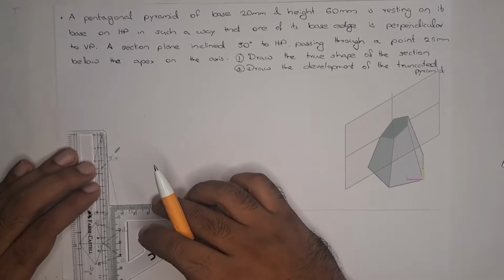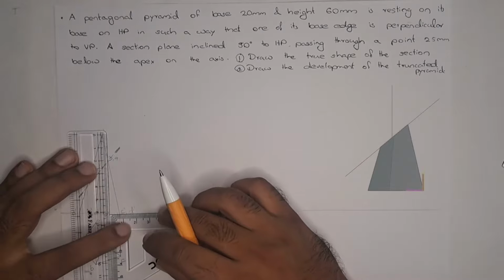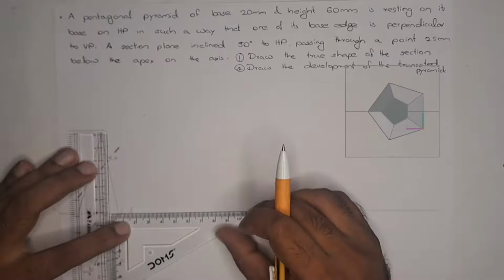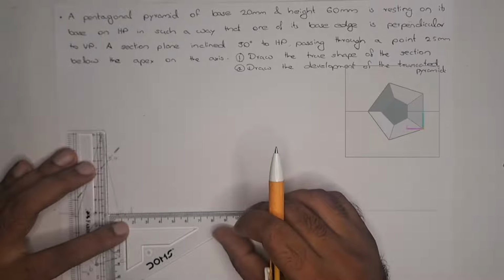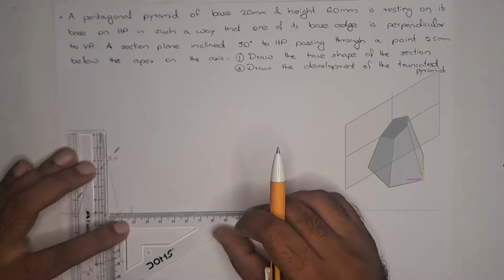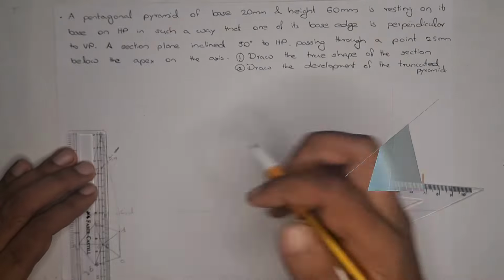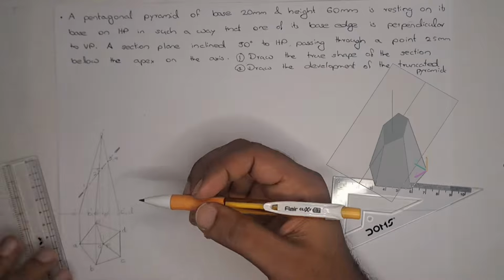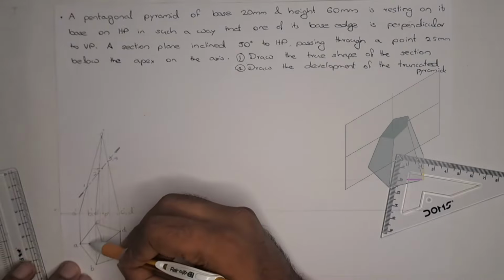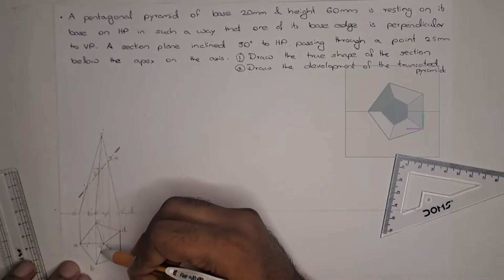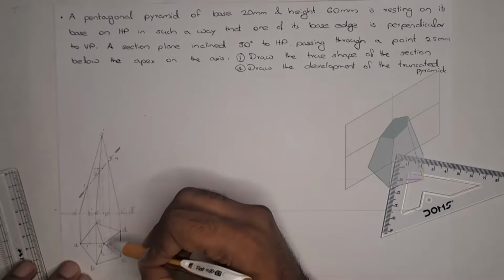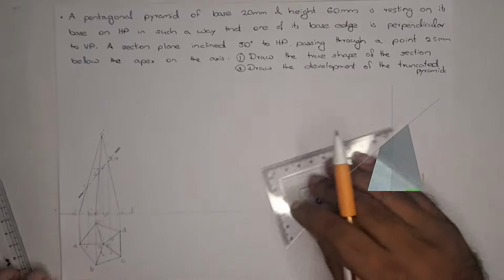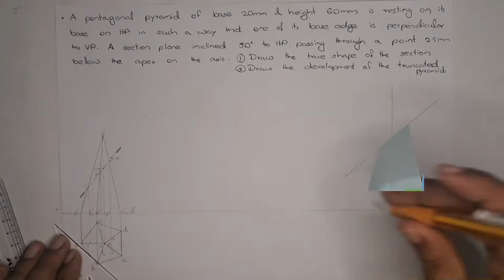Last 3 and 4. So we can get the points here: 1, 2, 3, 4, 5. Now we can close it.